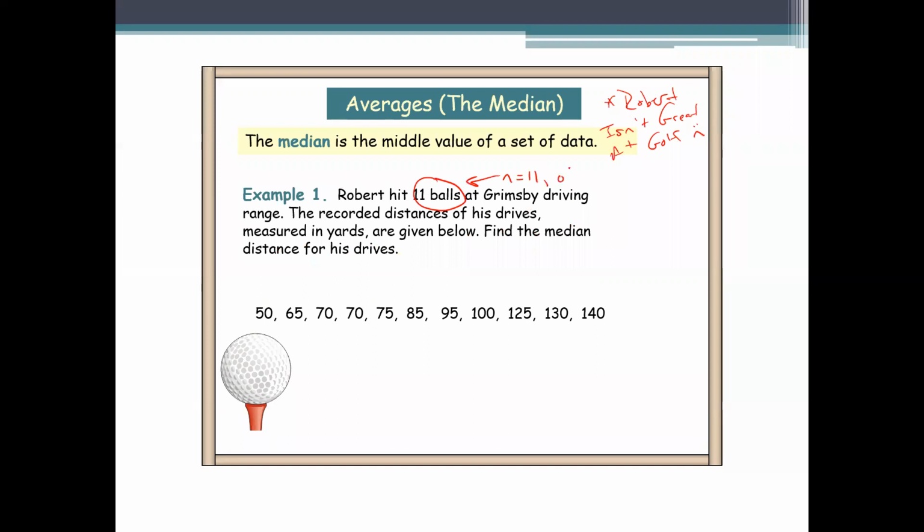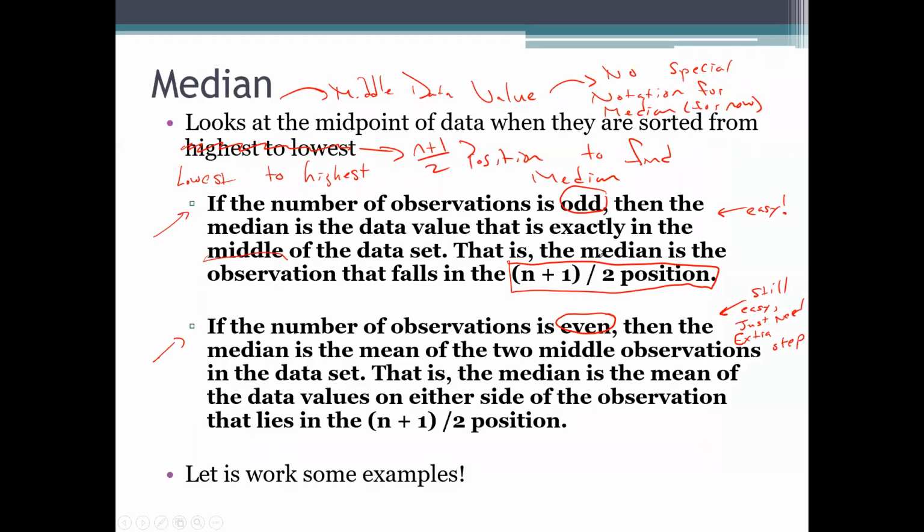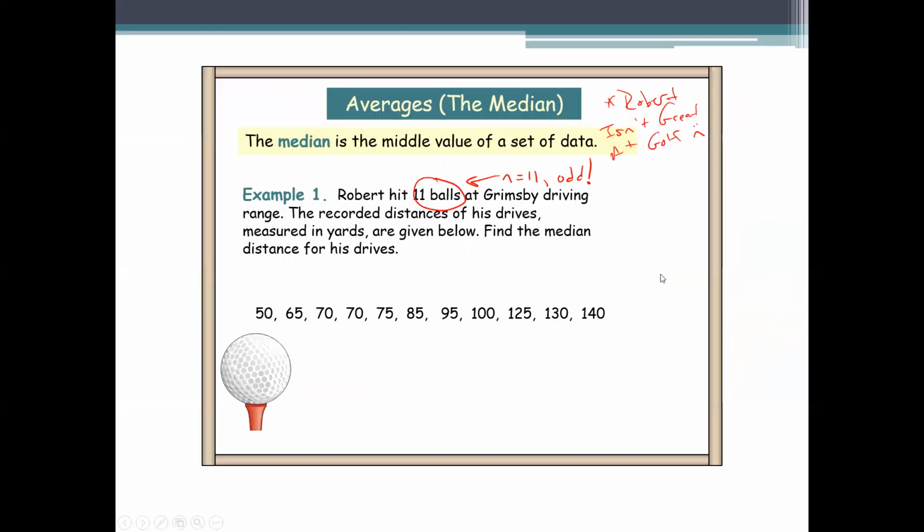Since the number of observations is 11, it's odd. When you have an ordered data set, you go to position (n+1)/2. Remember, n is the sample size, so 11 plus 1, divided by 2.